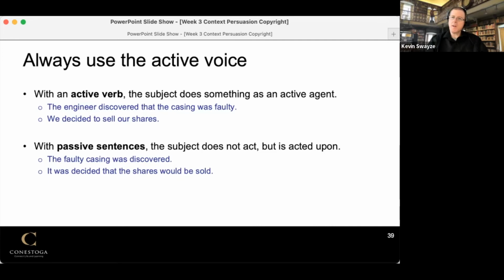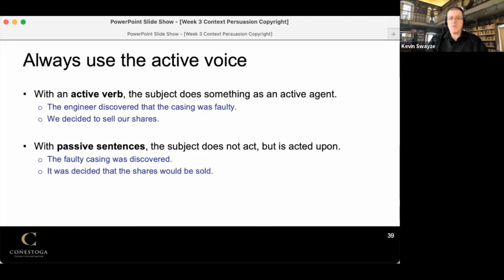If you look at the bottom, where it's passive, which is not as effective: it was decided that the shares would be sold. It is grammatically correct, but between the two sentences, we decided to sell our shares, or it was decided that the shares would be sold.